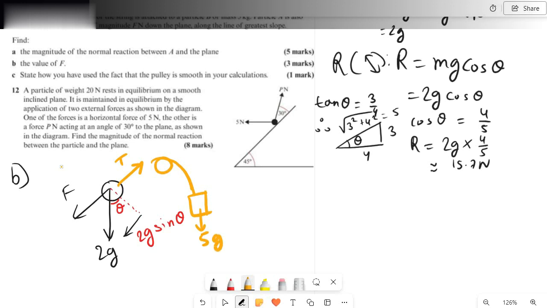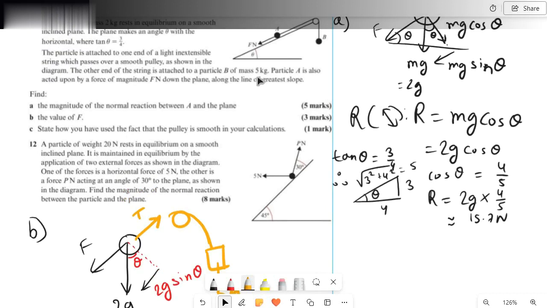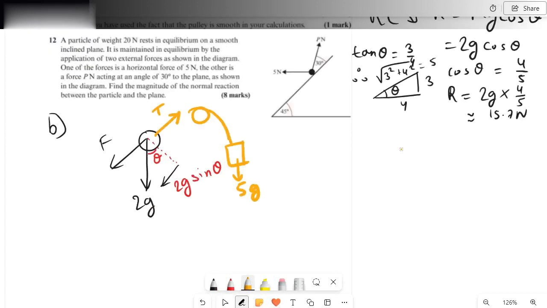So the weight of B should be 5g, as you can see here in this line. So we can say that tension is the one that is balancing the weight of B.